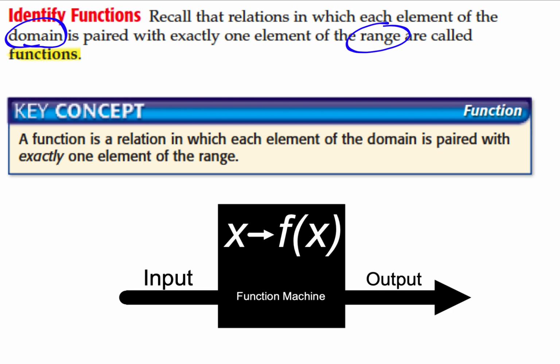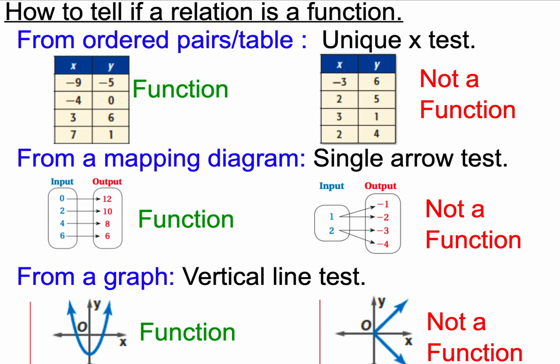And the way to tell functions from the different representations, if you have ordered pairs or a table, you're going to do what I call the unique x test. Look at the x's. Right here, all of these x's are unique. They are all different. -9, -4, 3, 7.